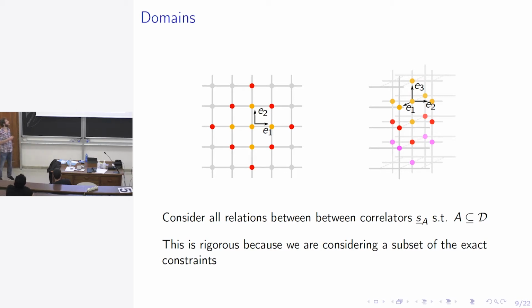If I think about the loop equation involving the origin, as long as my original A was within this smaller diamond, my eventual correlator will be within this diamond. And the same is true for the bigger diamond, as long as the site I choose for the spin flip is one of the smaller diamond sites.